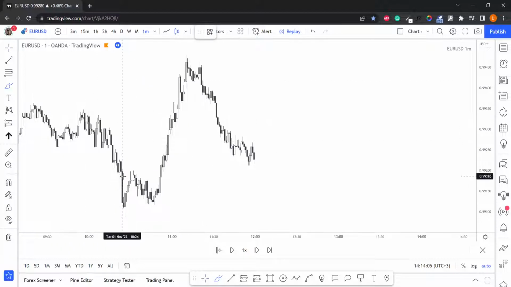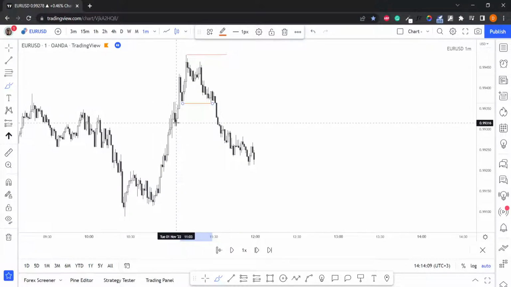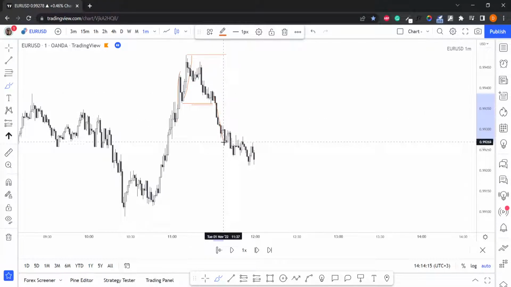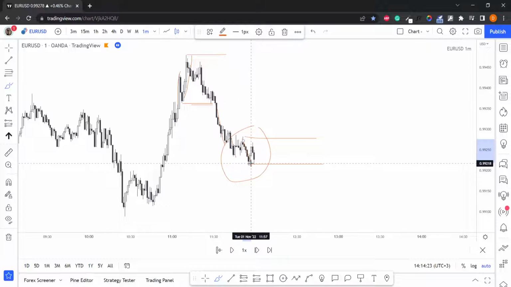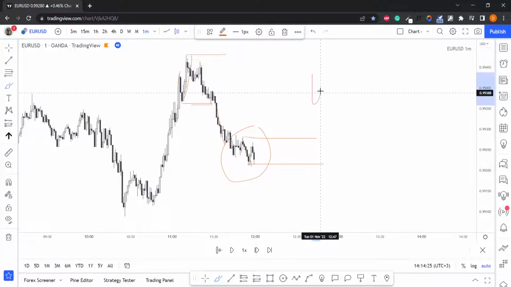Recently, if we go from left to right, we had this obvious high. So we had this push and this push. We have this push and one more and one more. And this is our most recent 1 minute bearish push inside of the 1 hour bearish push.